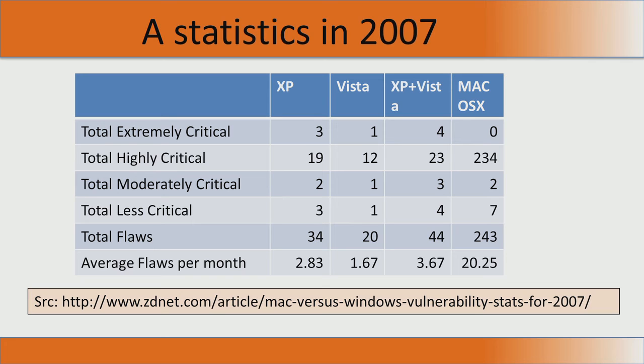Please note that in the second column, total highly critical, XP had 19 vulnerabilities, Vista had 12 vulnerabilities. XP plus Vista had only 23 because the vulnerabilities were still shared. So, some of those 12 vulnerabilities in Vista were common to some vulnerabilities in XP.